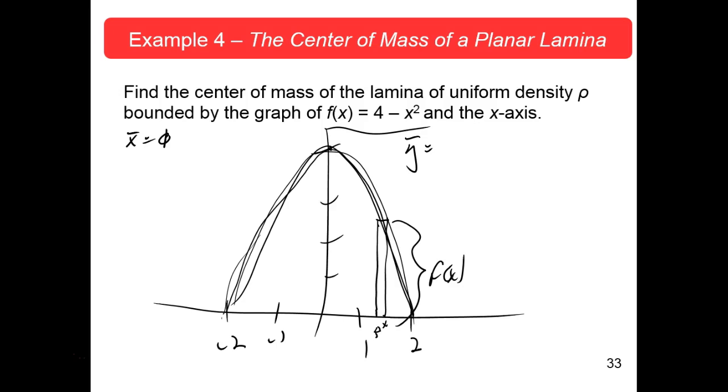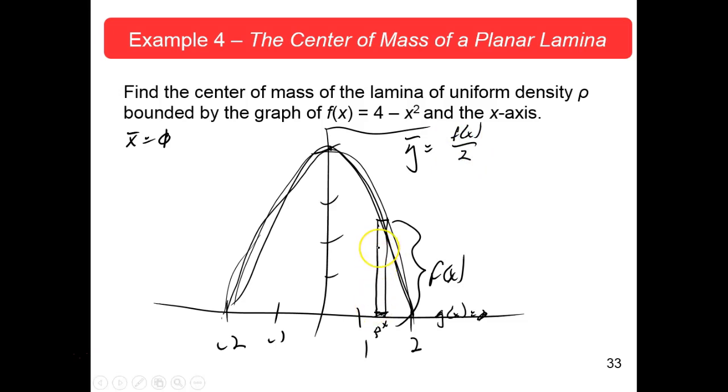So, your y bar is going to be, think of this, they like to do m sub x's and that kind of stuff. I tend to want to go with your distance, which is going to be the average between these two, and since the bottom one is always 0, the g of x in this problem is always 0. This is going to be f of x over 2.